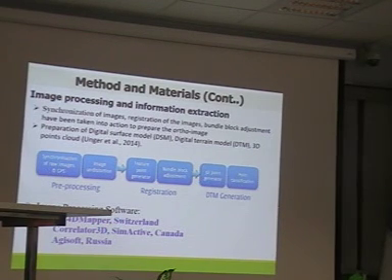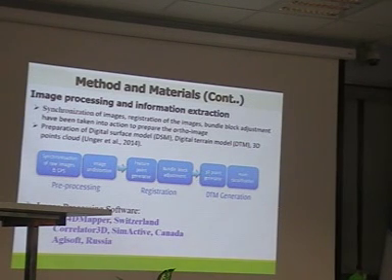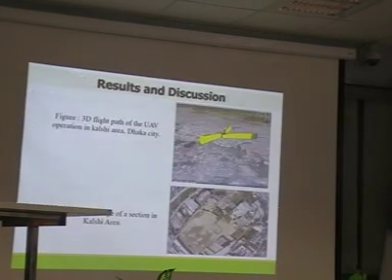We also tried Correlator 3D, a Canadian software, and then Agisoft, which produced a very good and impressive 3D model of that city straight from the UAV photos. So we'll see that.